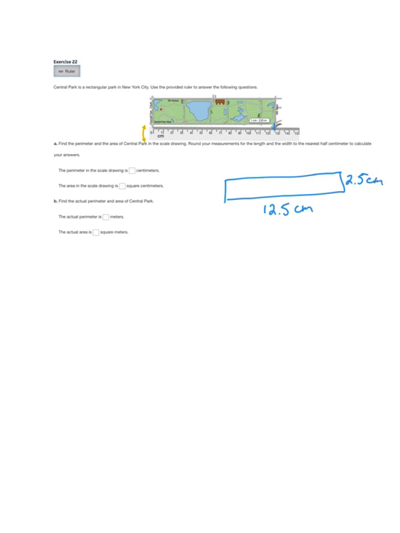Okay, so the perimeter, that's for part A, the perimeter will be 12.5 plus 2.5, and then all of that times 2, because I need to go all the way around the park. So 12.5 plus 2.5 is 15, times 2. So that means the perimeter of the scale drawing is 30 centimeters.